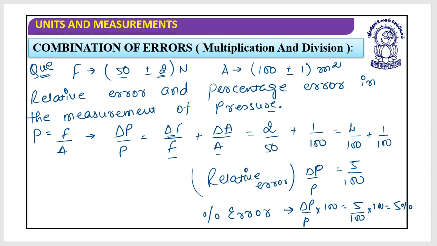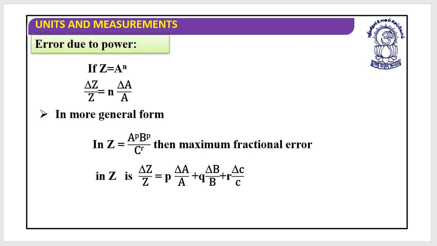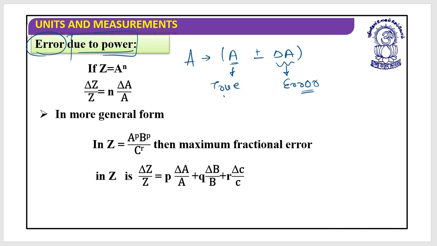Okay, let's look at this. Next are the errors due to power, or we can say the errors due to exponent. Let's say I have measured A, which gives me data of A plus minus delta A, where delta A is the error associated with A, and A is the true value.